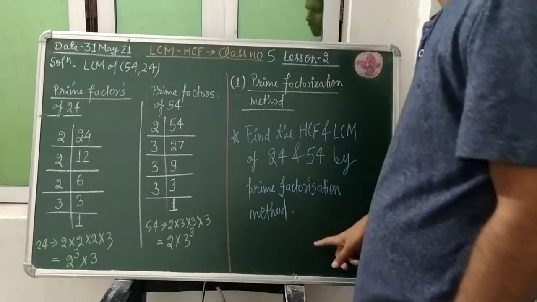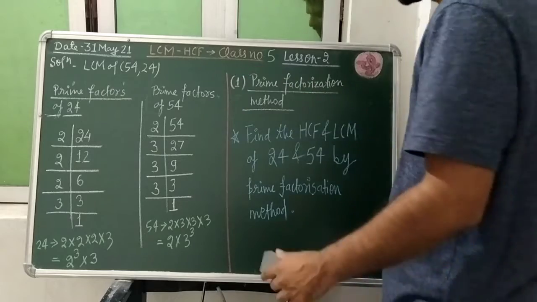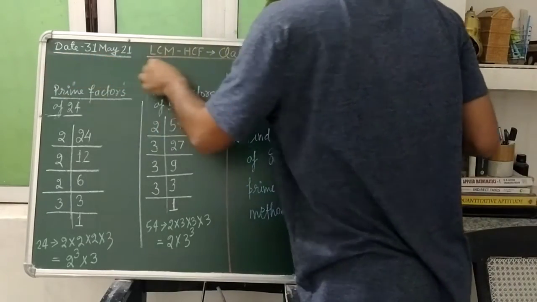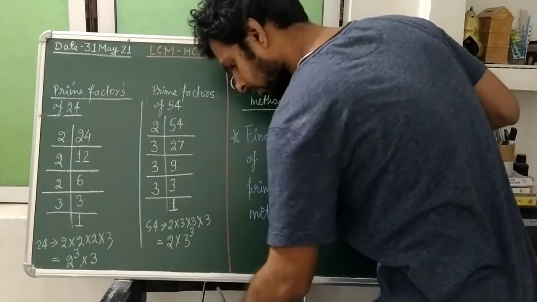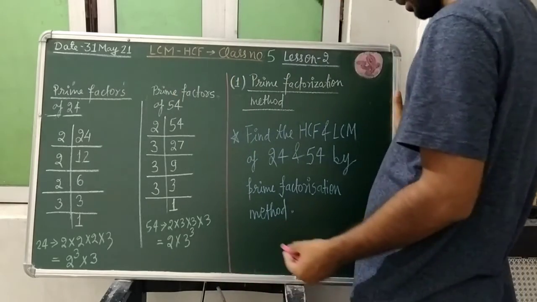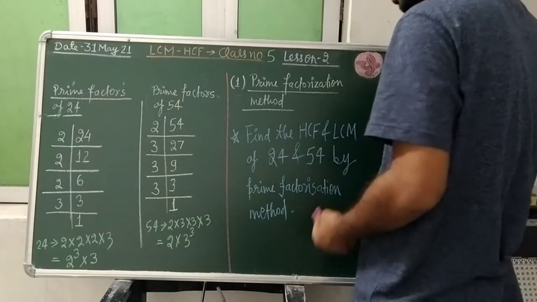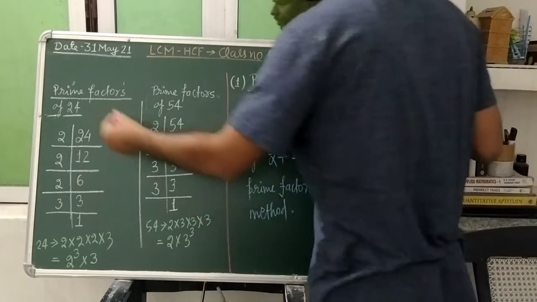Let me write this problem here, students, so that I can tell you things here. Students, we are finding the HCF and LCM by prime factorization method of 24 and 54.